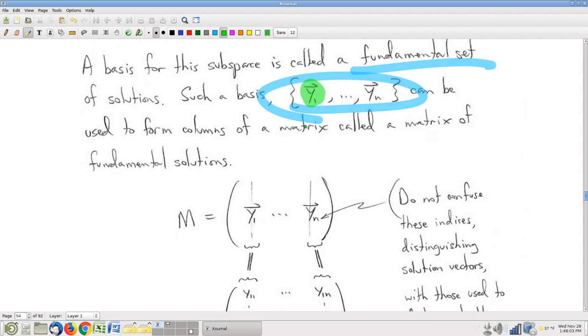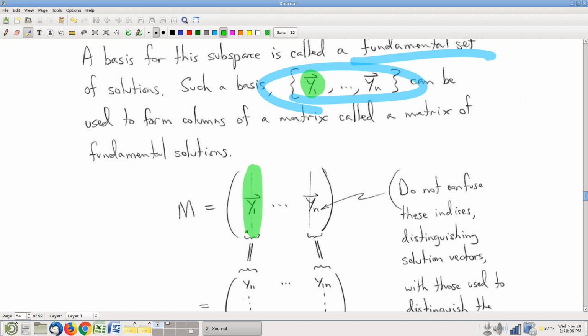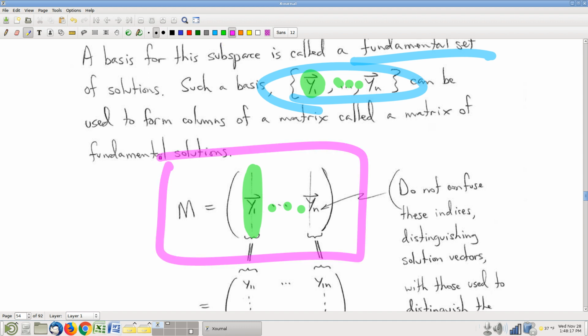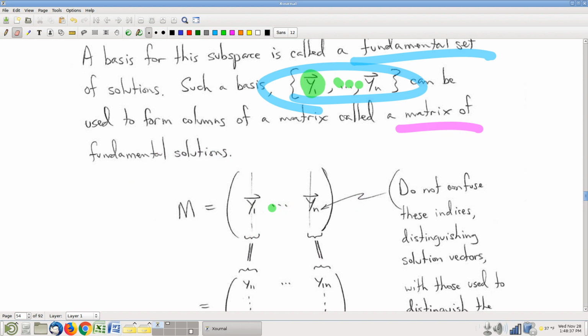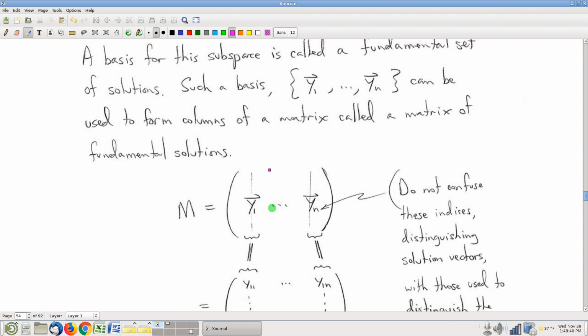Writing down each one of those as a column and so on, thus making a matrix, this resulting matrix is a handy notational choice sometimes. The book calls this a matrix of fundamental solutions. My feeling is that the grammar of that is kind of weird. I'd rather call it a fundamental solution matrix, but whatever, no big deal. We're going to see pretty shortly why that's useful. For the moment, I'm just asserting that it can be a useful thing.